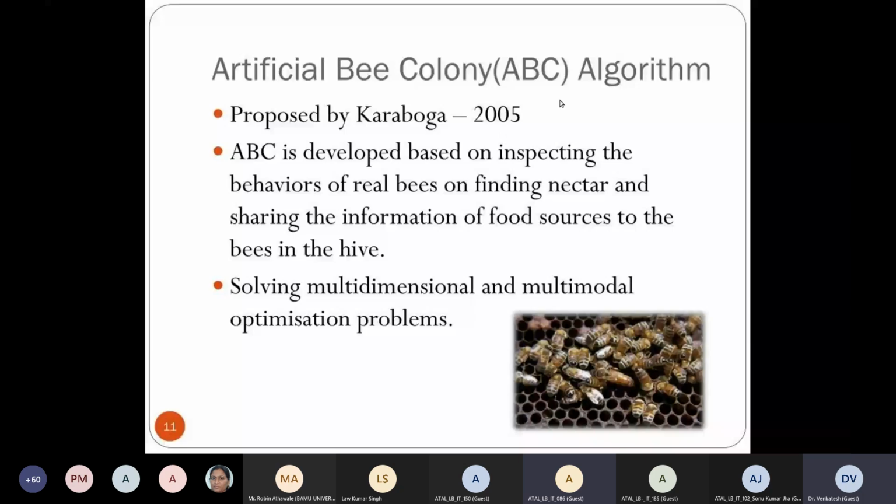It is very interesting that a natural-behavior-inspired artificial bee colony algorithm is able to perform well on solving many problems, whether continuous optimization problems or multimodal, multi-dimensional optimization problems. Even combinatorial optimization problems can be solved in a very short amount of time.